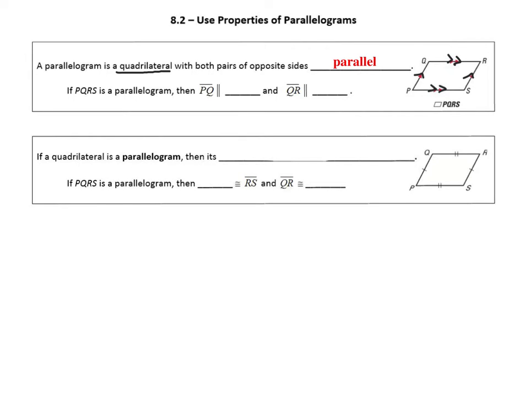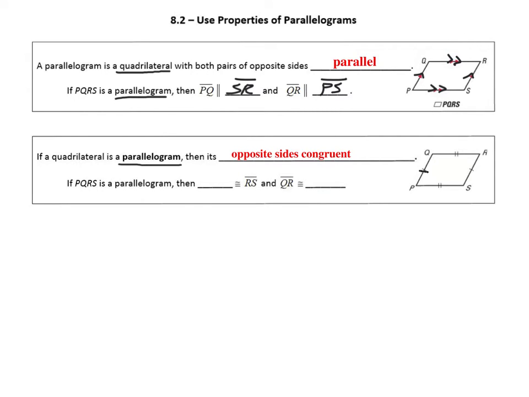So if it is a parallelogram, then side PQ is going to be parallel to side SR, and QR is going to be parallel to PS. Which brings us to our first property. If the quadrilateral is a parallelogram, then the opposite sides are going to be congruent.